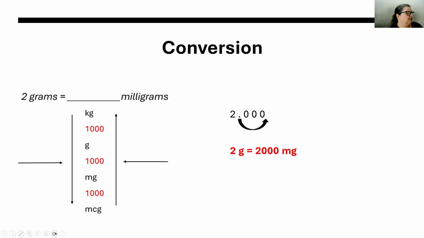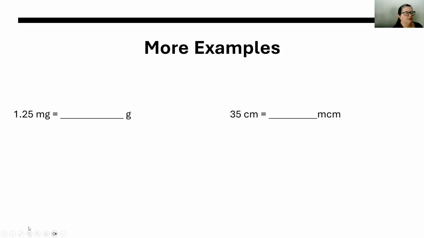Let's go ahead and take a look at some other examples. All right. Let's look at this one: 1.25. Now this one already has a decimal in it, so we don't have to place a decimal. It's already there. So 1.25 milligrams to grams. Which way are we going on the ladder? We're going up, right? Because milligrams is smaller than grams.